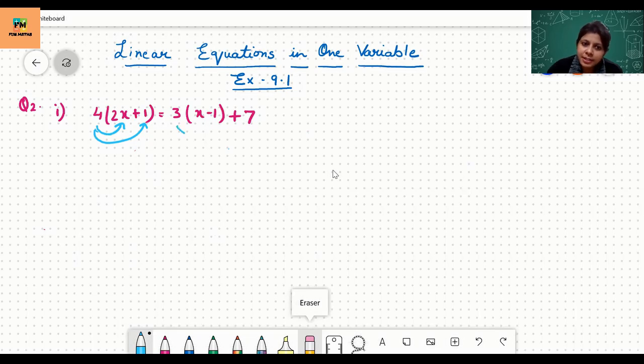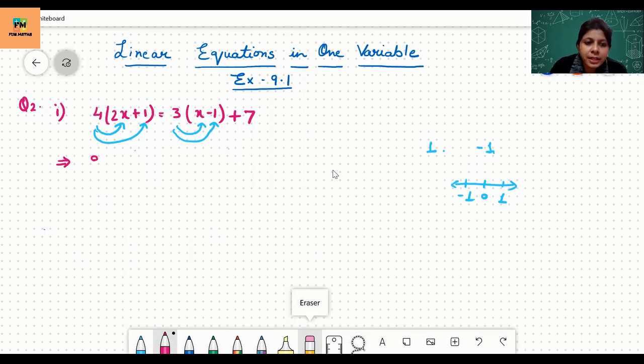Now on the right hand side, same way 3 को पहले x से मल्टीप्लाई करेंगे and then 3 will be multiplied by 1. No, -1. Remember, sign को नहीं भूलना है. -1 is not 1, -1 is -1. अगर -1 को 1 बोलेंगे तो -1 बुरा भी मान सकता है, क्योंकि -1 हमारी नंबर लाइन में 0 के लेफ्ट में आता है और 1 0 के राइट में आता है. Don't forget this thing.